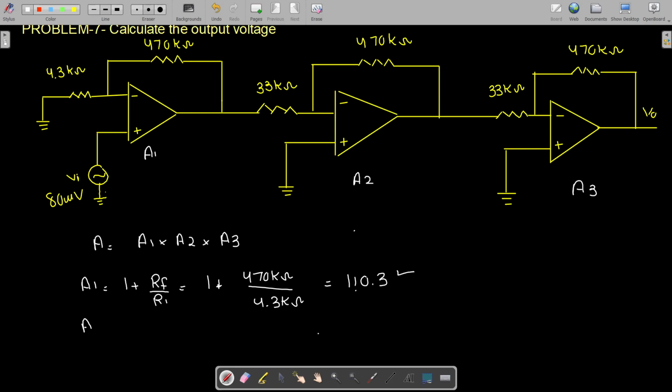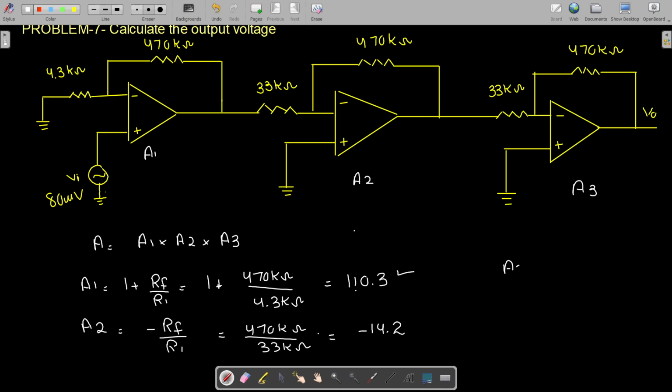Now A2 is again minus RF divided by R1. Why? Because this is an inverting op-amp. So we have 470 kilo ohm divided by the 33 kilo ohm, which comes out to be minus 14.2.